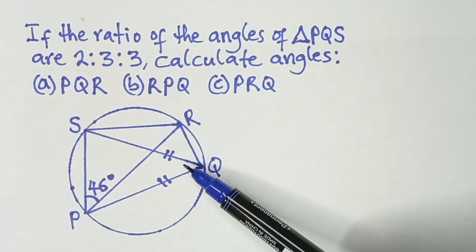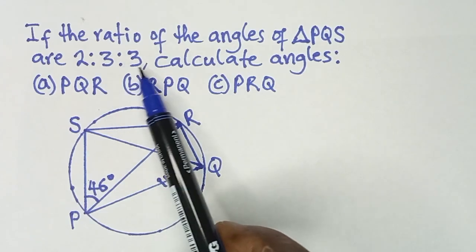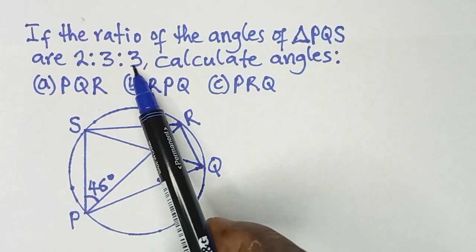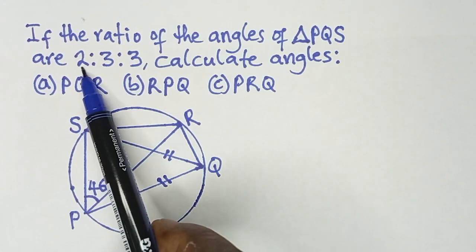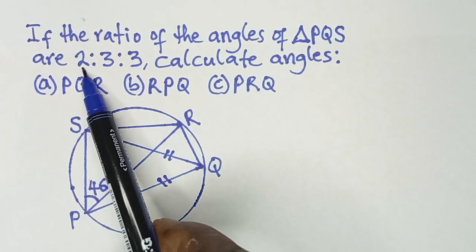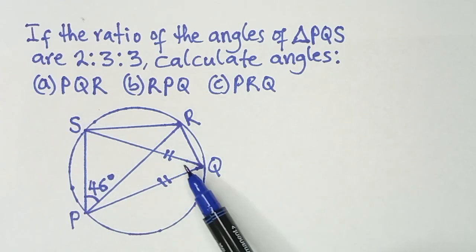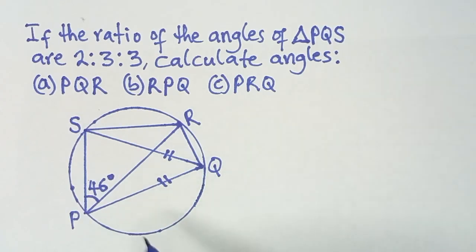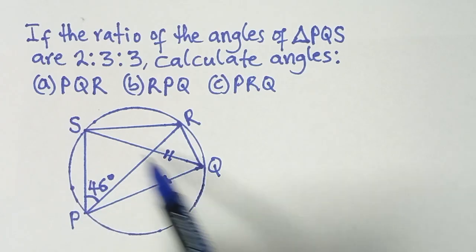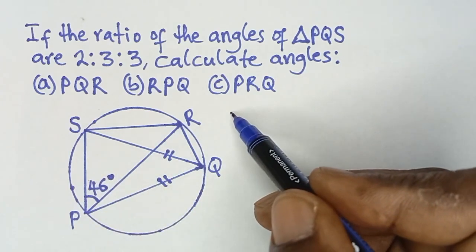Don't forget, since the two base angles are equal, they are the ones that have this ratio 3 and 3 because they are equal. Then this ratio 2 is the top angle, which is not equal to the other ones. So this top angle, let me write it as angle PQS.